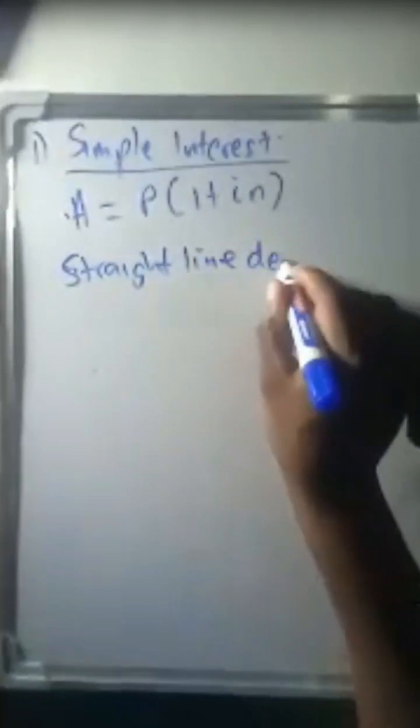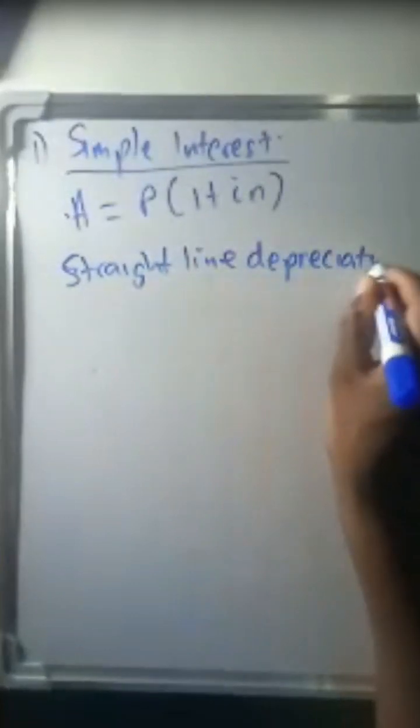But this one is sort of different to what we call simple or straight line depreciation. Straight line depreciation is simple decay because decay is loss in value.